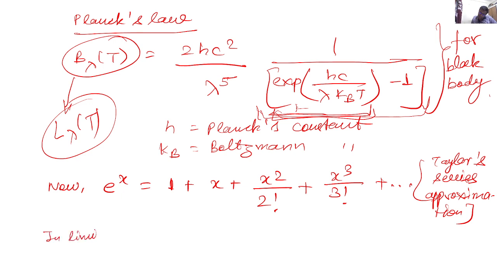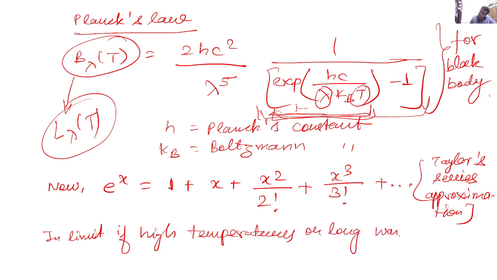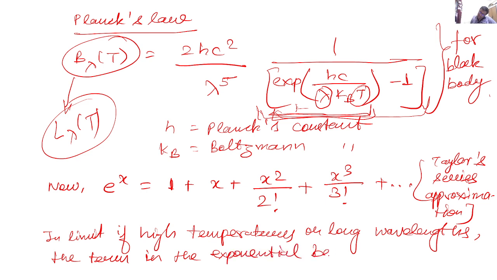In the limit, if high temperature is in the denominator of the exponential term, and lambda is also in the denominator of the exponential term, then for high temperatures or long wavelengths the term in the exponential becomes small.